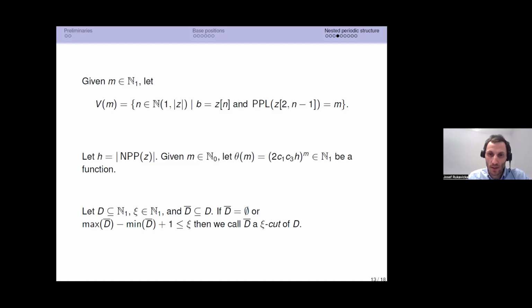Yes, I will need the definition of the so-called xi cut. So if I have a set of integers, and if the set of these integers is not empty, then... okay, sorry.